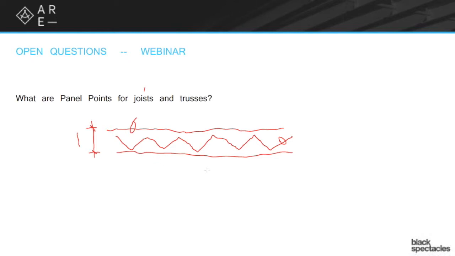By putting these all together in triangular shapes, which can't deform easily, we can span really impressive distances with very small individual members, because they are now made to become one very deep member. So when you think about any one of these, let's say the top chord, that top chord in a wood truss for a house could easily be a 2x4 on its side.